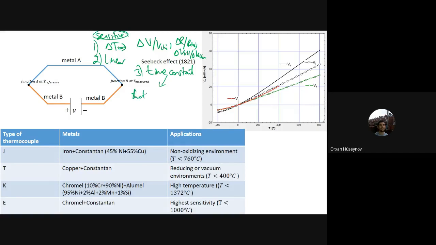When you touch the hot surface, at that instant you take your hand off, because the time constant of your body is very low. The low time constant is very important.